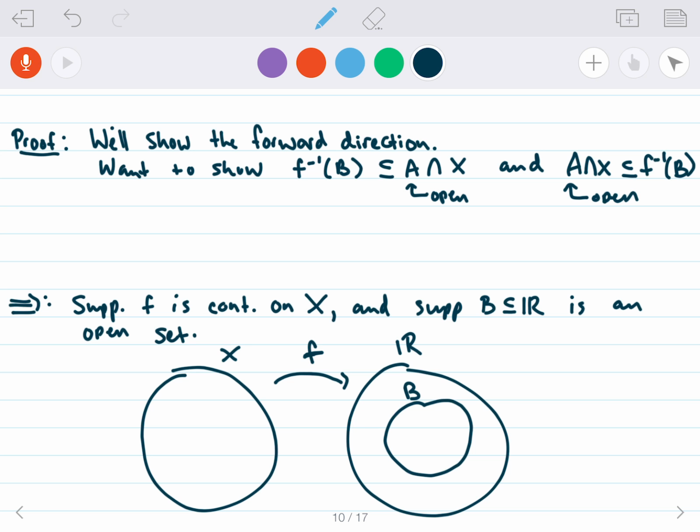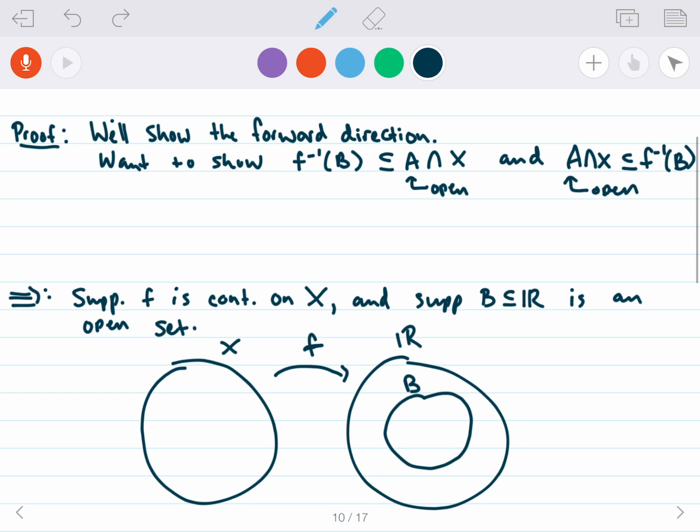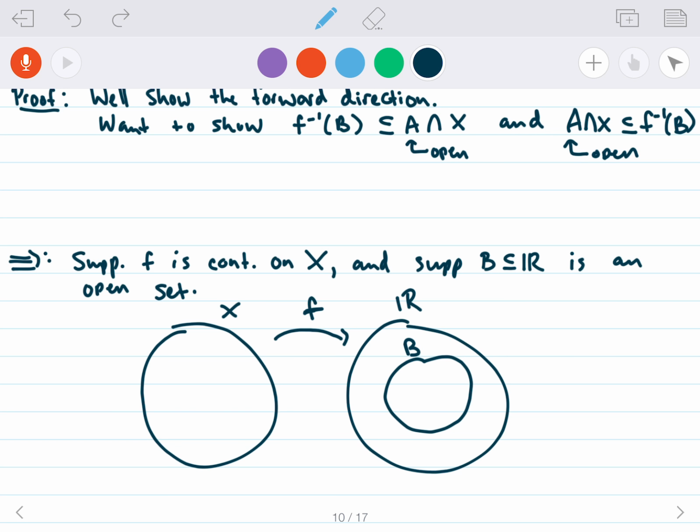Okay, so what are we going to do first? Well, what can we do? We can look at something. So the idea is that we're going to use continuity to build an open set over here. So what we're going to start with is a point in the pre-image.